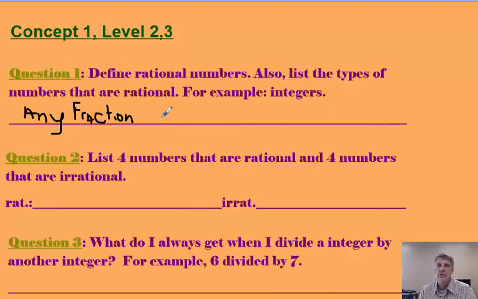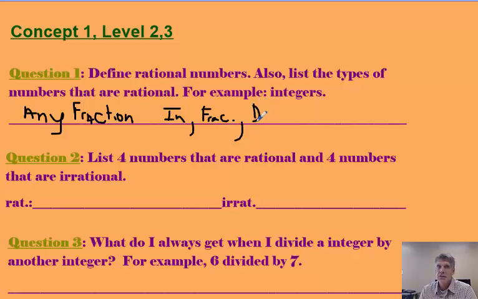So let's look at the next one. What types of numbers are rational numbers? Well, I gave an example of integers. So integers is going to be the first one. What's the next one? How about fractions? Just what the definition is. So fractions are going to be rational numbers.